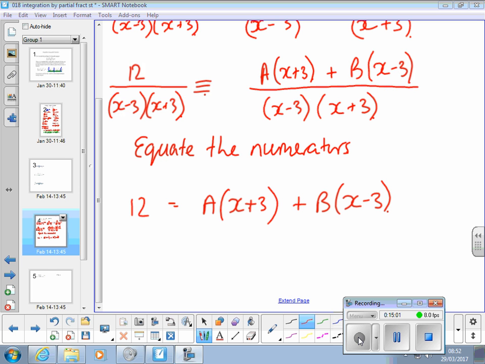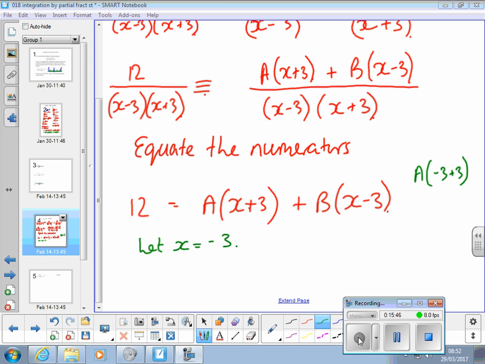Then what do we do? Which one do you want to start with, Jack? x equals minus 3. What does that do, Jack? It gets rid of the A term, because it will be A times minus 3 plus 3, which is A times nothing.